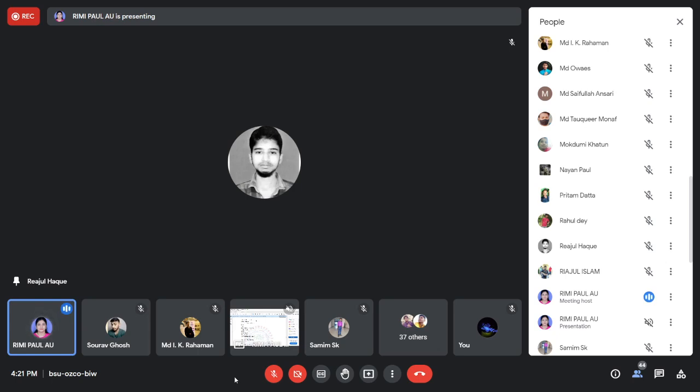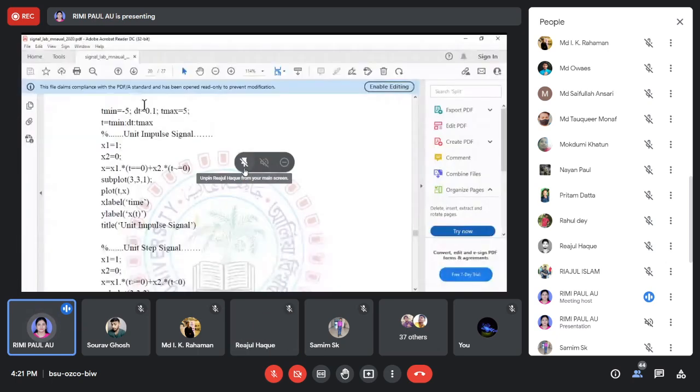And dt is equal to 0.1. That means minus 5, minus 4.9, minus 4.8, and the difference is 0.1. And t maximum will go up to 5.